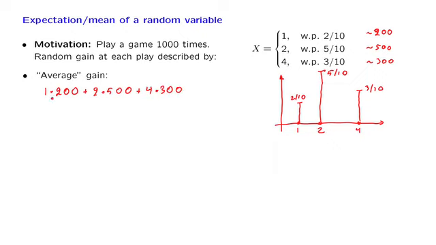This is your total gain, and to get the average gain you divide by 1,000, and the expression that you get can also be written in a simpler form as 1 times 2/10 plus 2 times 5/10 plus 4 times 3/10. So this is what you expect to get on the average if you keep playing that game.